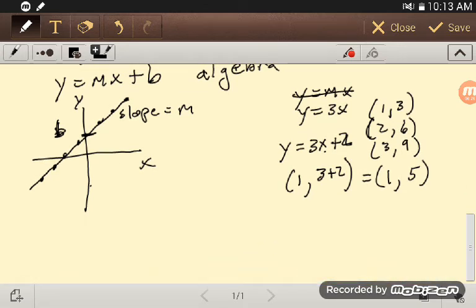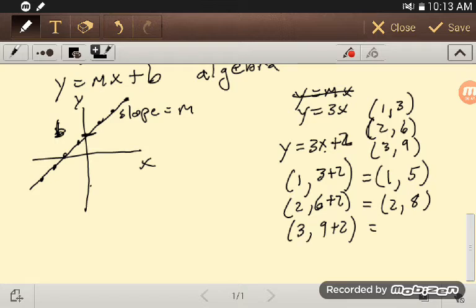Then if I take 2, 3 times 2 is 6, and then I add 2 to it, so I end up with 2 and 8. And then 3, and when I take 3 times 3, I get 9, plus 2 is 3 and 11.